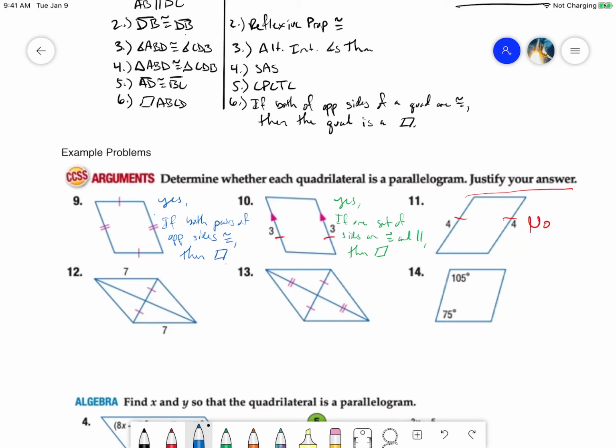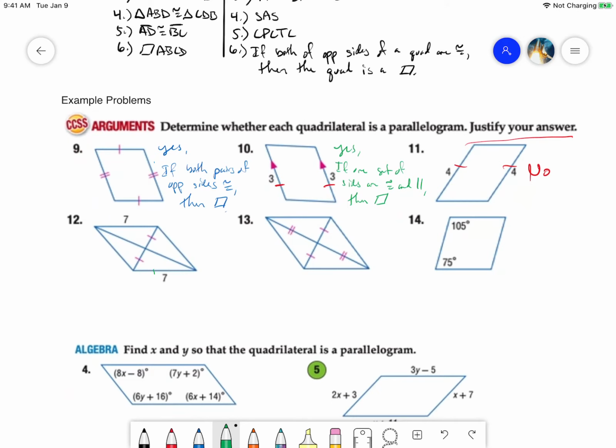In number 12, when we're looking at this, we're given that this diagonal is getting bisected, and we also have that this side and this side are congruent. Another key piece of information is that these two angles are congruent because they're vertical angles.